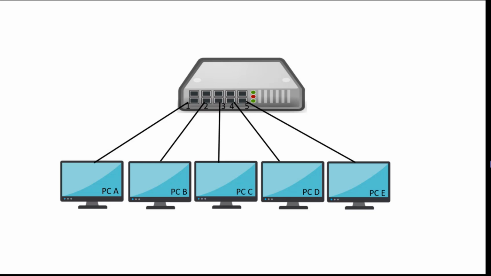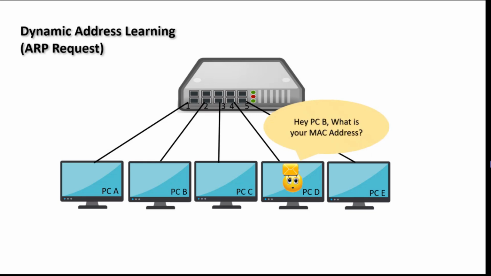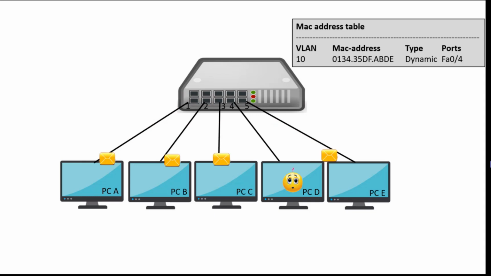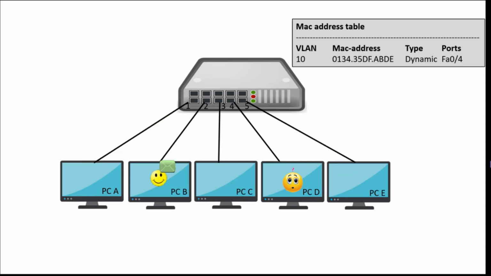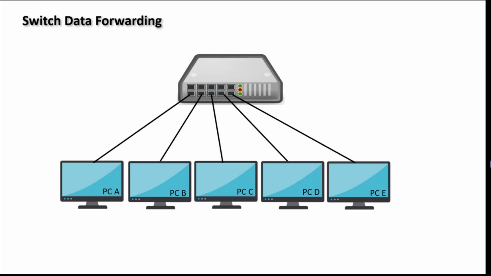Say PC-D wants to communicate with PC-B for the first time. PC-D uses an ARP frame and gets the destination MAC address. Now PC-D sends the data frame to PC-B with source and destination MAC address details in the frame header.